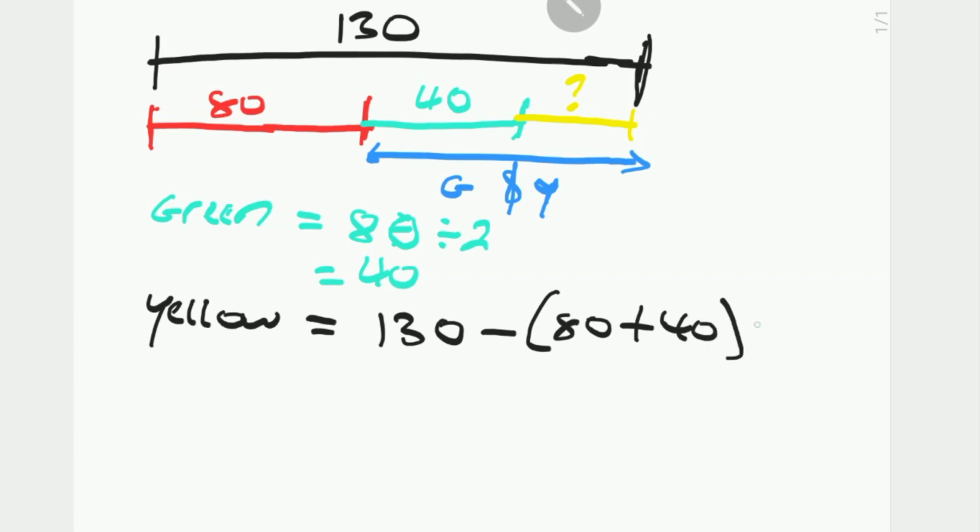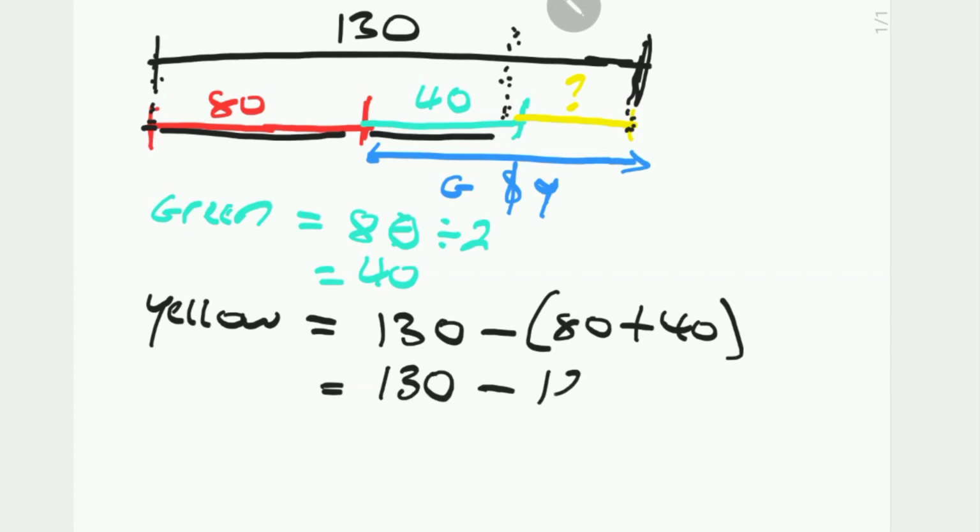130 minus 80 plus 40. Because since this part is equivalent, from here to 80, 40, then we don't know this part. So it's just by subtracting 120 from 130, then you have this.